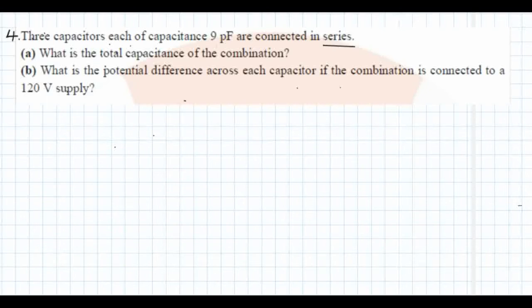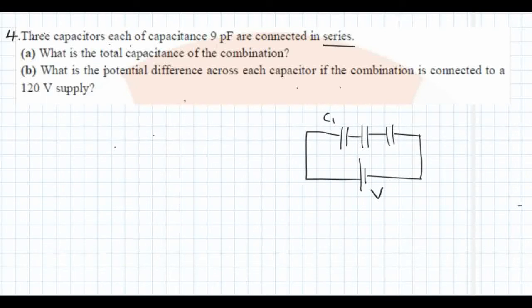There is a first capacitor, connected to a second capacitor, then connected to a third one in series, and there should be a source of potential. We have C1, C2, C3, so that C1 is equal to C2 is equal to C3 is equal to 9 picofarad.